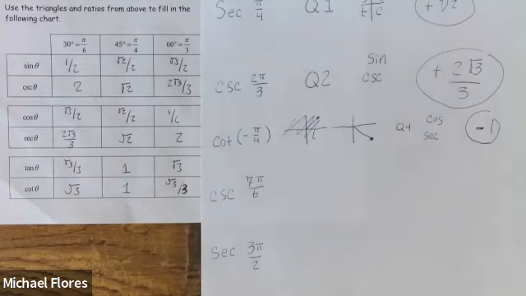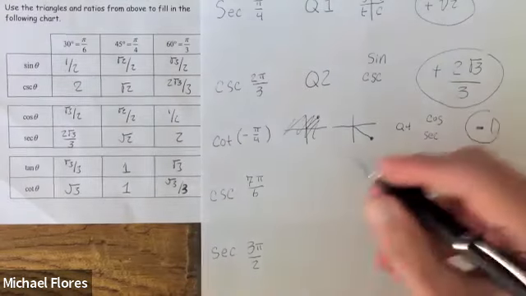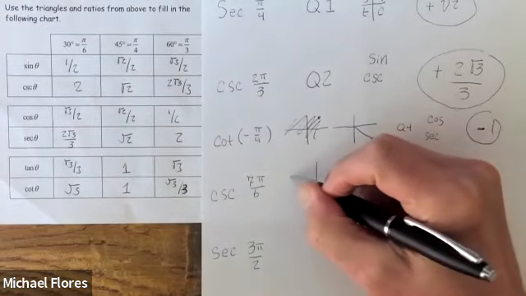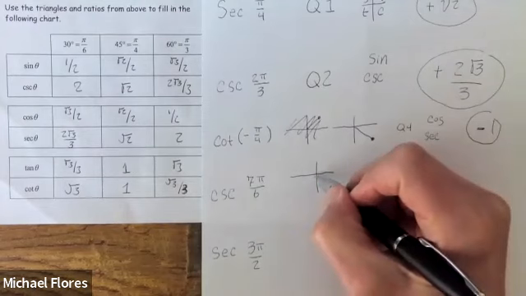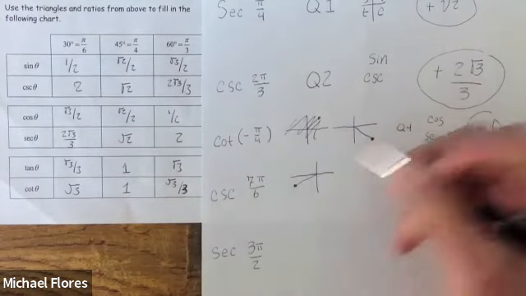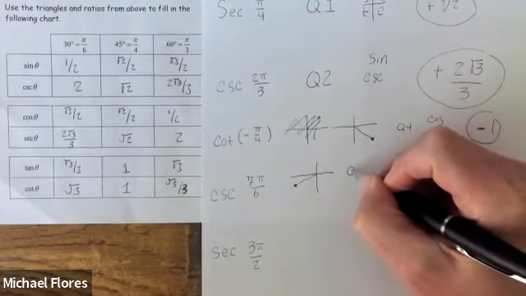Okay, please find cosecant of 7 pi over 6 in your notes. Now cosecant of 7 pi over 6. It's right about here. That's in quadrant 3.